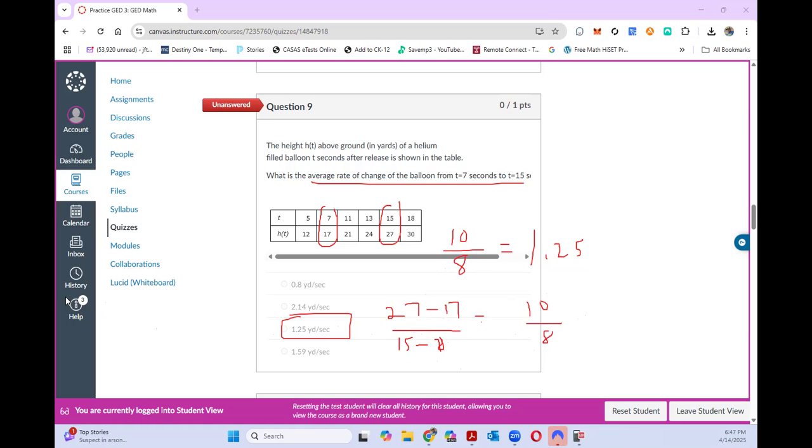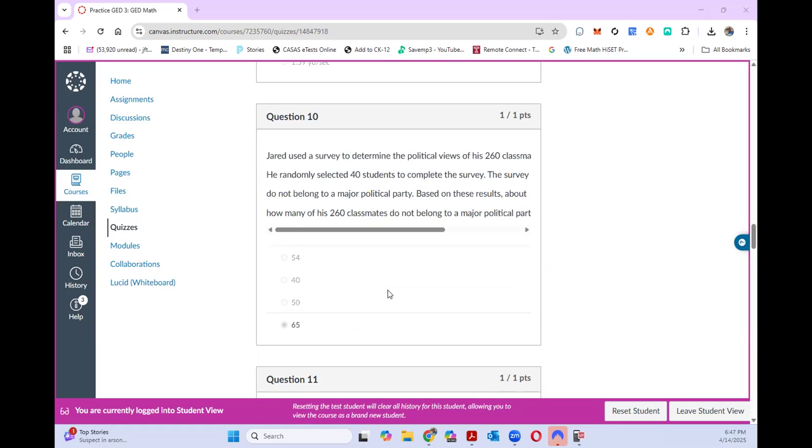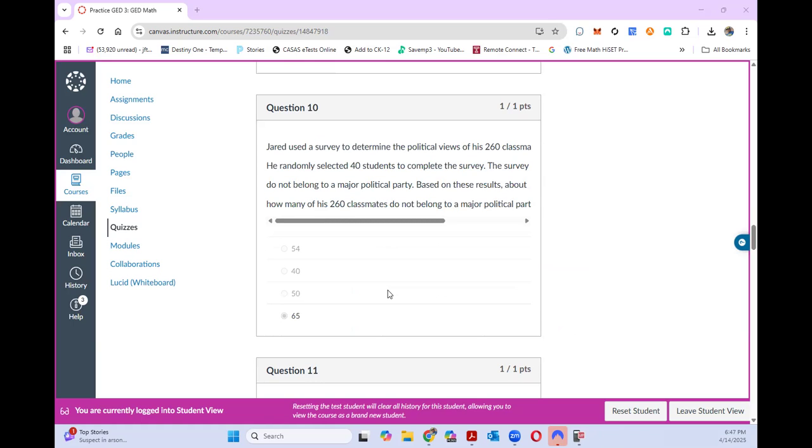It's 8. That's it. It's a slope. Because the average rate of change, it doesn't matter. A linear equation is the constant rate of change. So the average is going to be the slope for a linear equation.